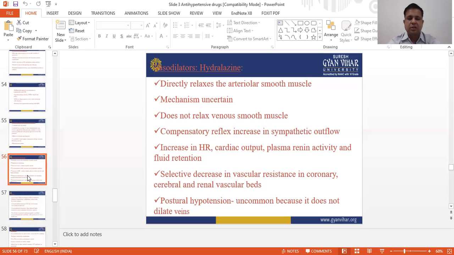Selective decrease in vascular resistance in coronary, cerebral, and renal vascular beds. Postural hypotension is uncommon because it does not dilate veins.